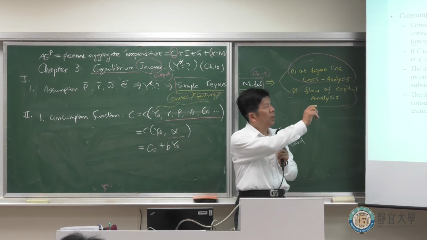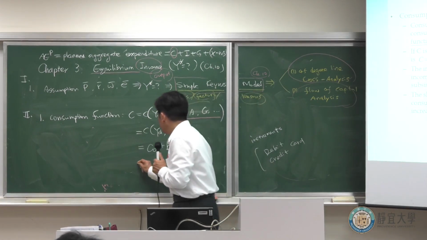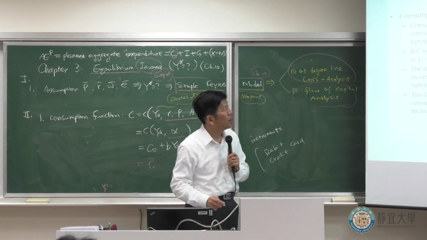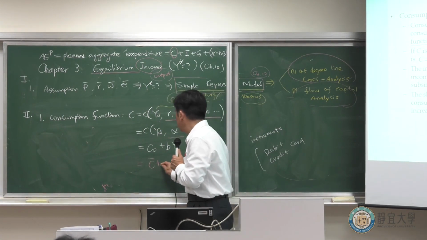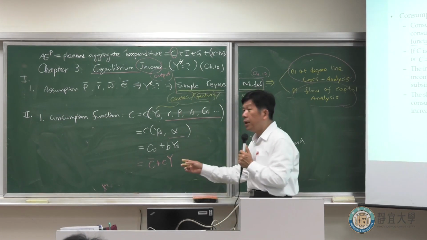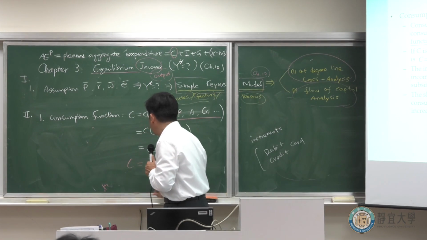So here you can look, in the textbook they just write down C constant and small c times Y, okay? So you can compare. Here you can look, C equals this one.